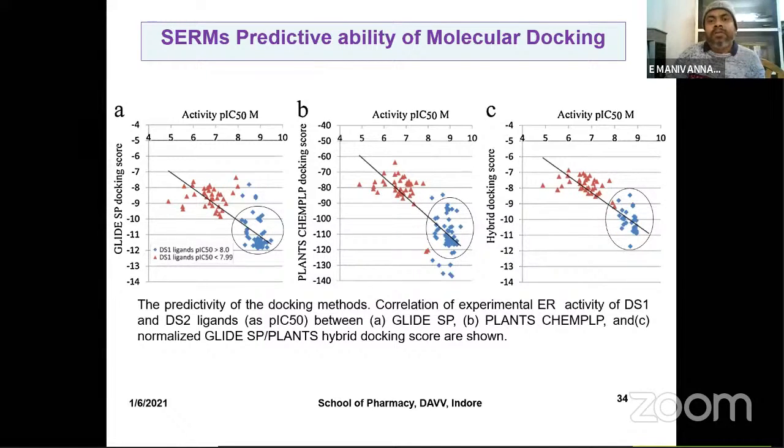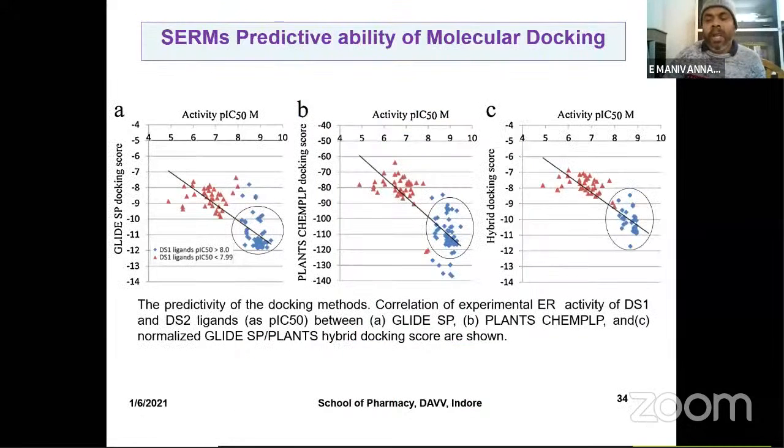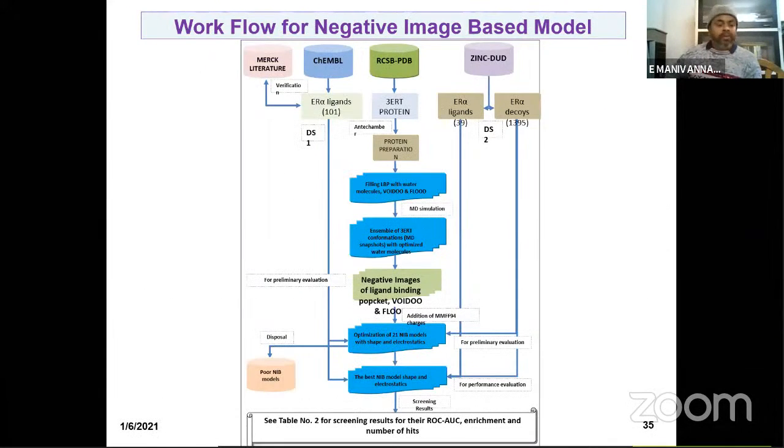So this is the construction of structure-based virtual screening, most frequently attempted as a molecular docking approach. Now I'm going to show you the workflow of negative image-based screening. What is meant by negative image? Simply for our understanding, consider the olden days, before digital cameras came: in photography we got a negative, and that negative image of our picture was then developed as the original picture.